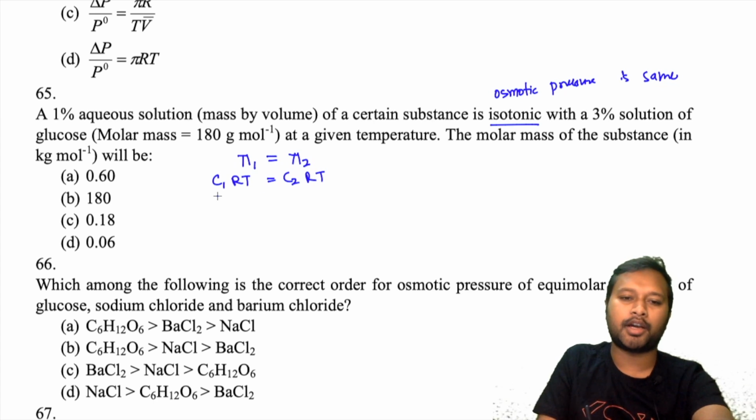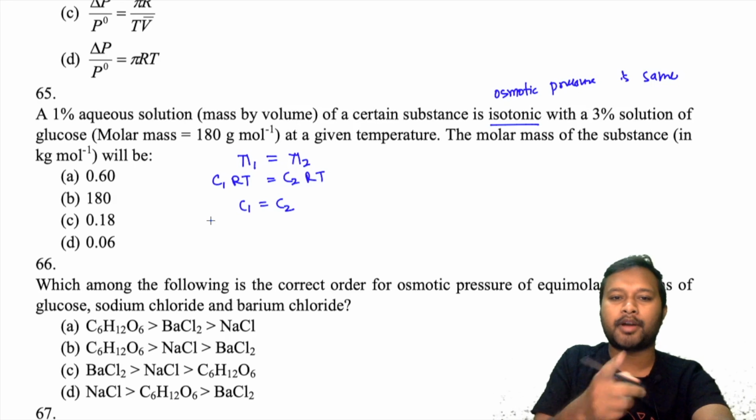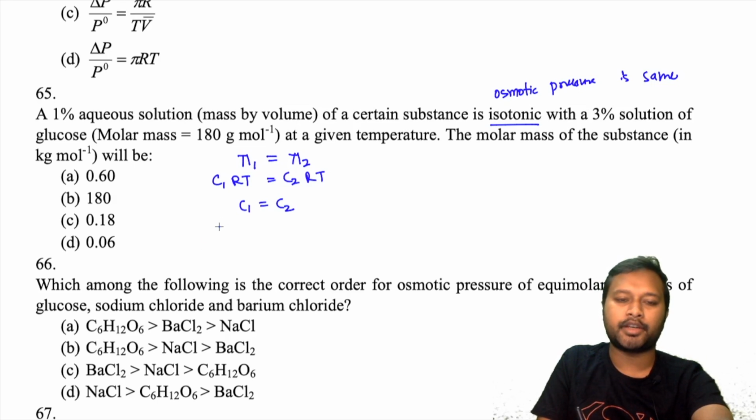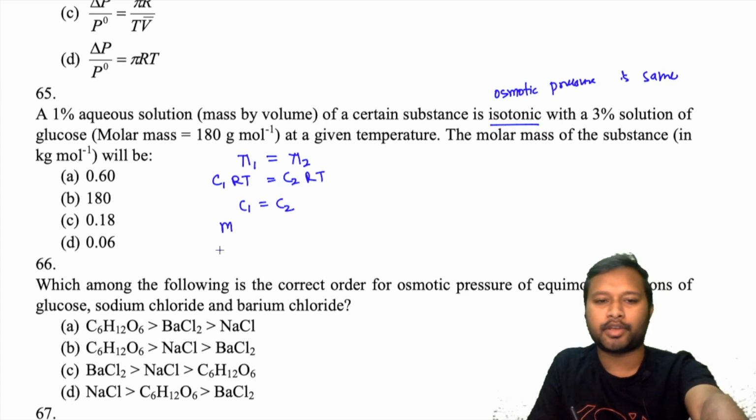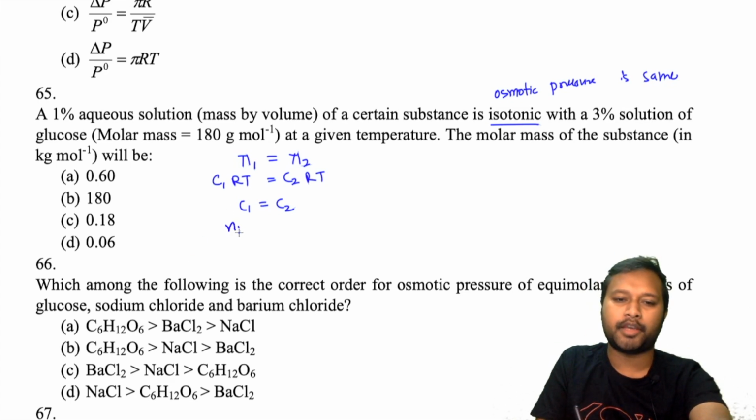You can cancel out R and T, so it becomes C1 equals C2. So these are the concentrations. Concentration is number of moles divided by volume, so it will be N1 upon V1 equals N2 upon V2, right?